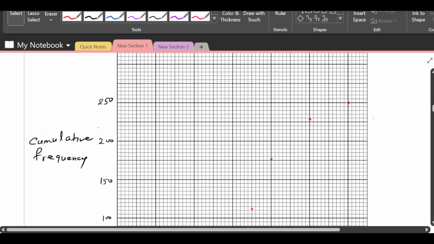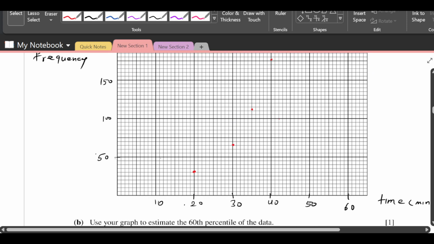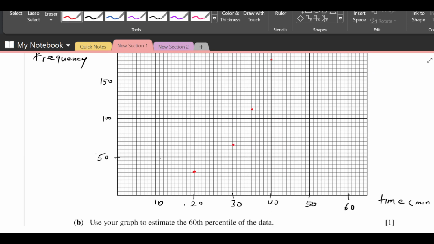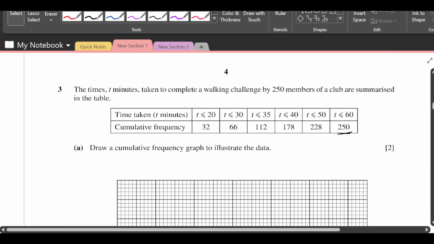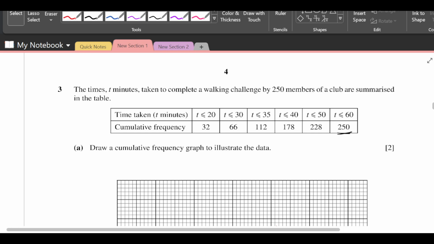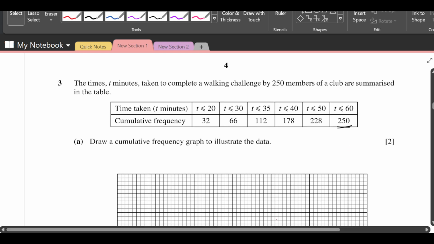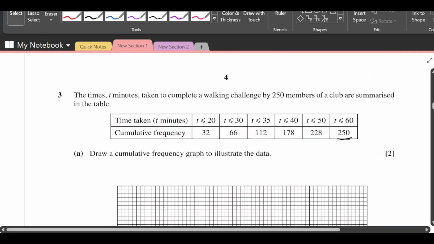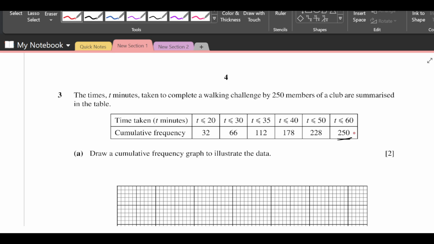Okay. Now we will join this with a smooth curve. As the question says, 32 completed the challenge in 20 minutes.